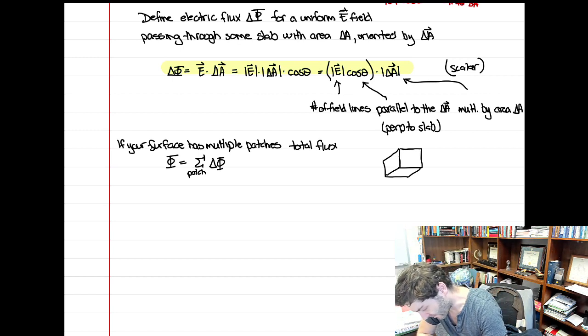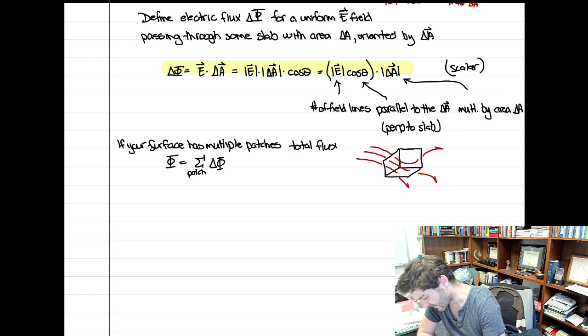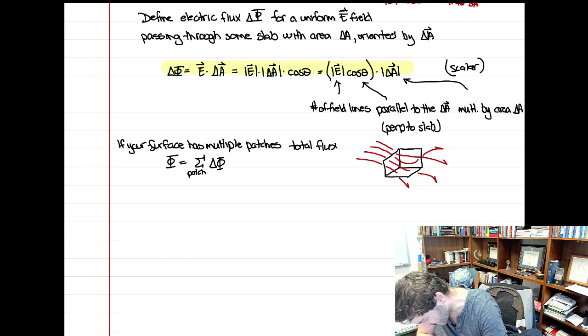And then I might have an electric field going something like this, and it goes through that side, and then maybe this one goes through and out this way, and maybe this one goes through and just keeps going. I don't want to make it look like I just made field lines cross, so I'll redraw that one that goes out the back. And maybe it looks more like that or something.